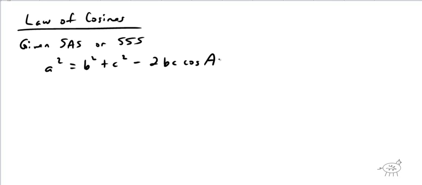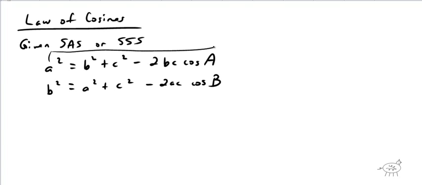Okay, so that's using A, and let's do two more just so you get the idea of what the equation really looks like. So it's b squared equals a squared plus c squared minus 2ac cosine of B. Now I want you to notice, math fans, that here's side a and here is angle A, so those go together.